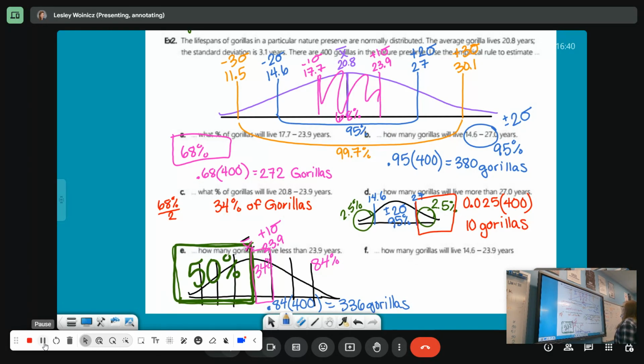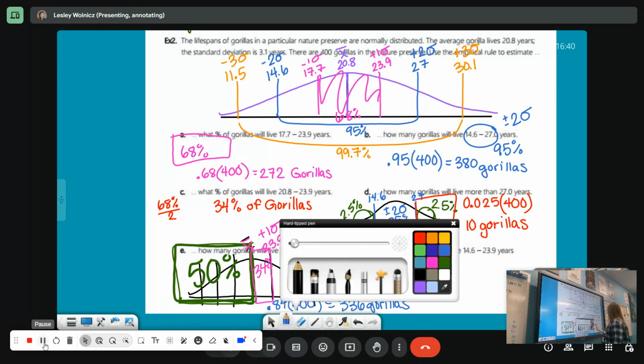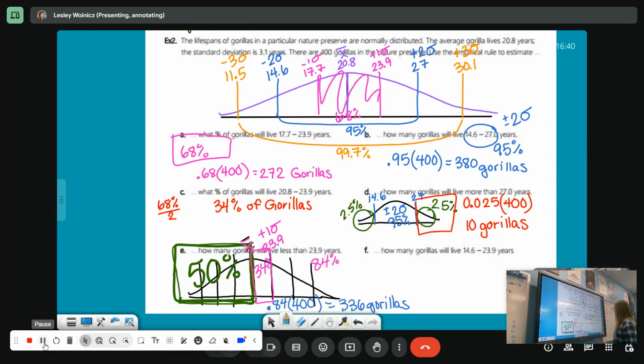All right, how many gorillas are going to live from 14.6 to 23.9? Oh, these are real exciting. That was real mean. Let me think of how best to explain this and draw a picture.